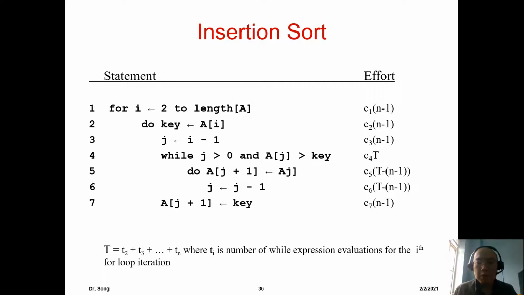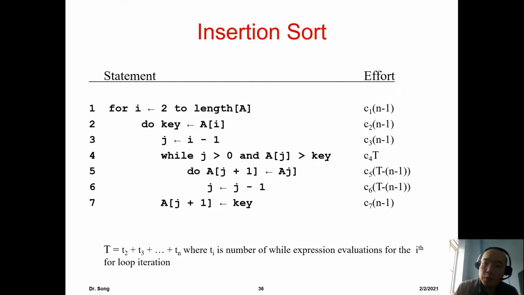Why? Because line 4 is executed k times. This means the last time we executed line 4, this condition will give us a false. So we visit line 4 k times.